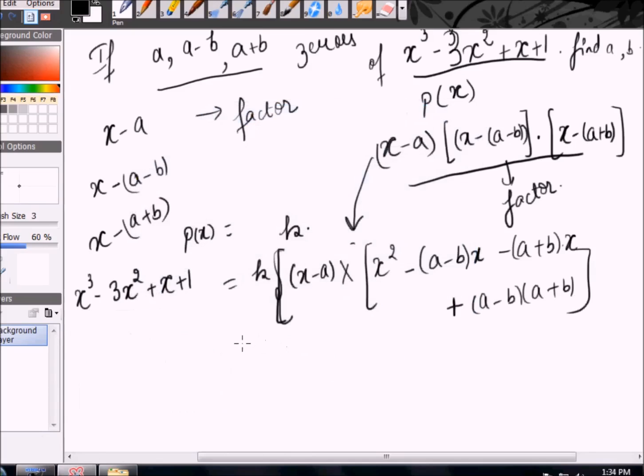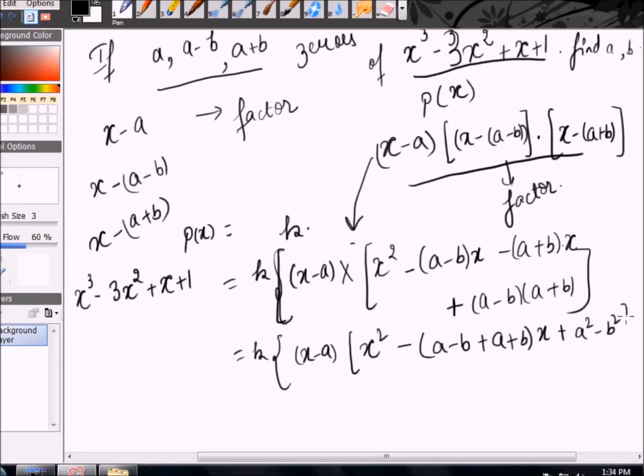Thus, we have x square minus, combining these two terms, (a minus b plus a plus b) into x plus, friends, this is the identity which we have studied in the 9th standard: (a minus b) into (a plus b) equals a square minus b square.